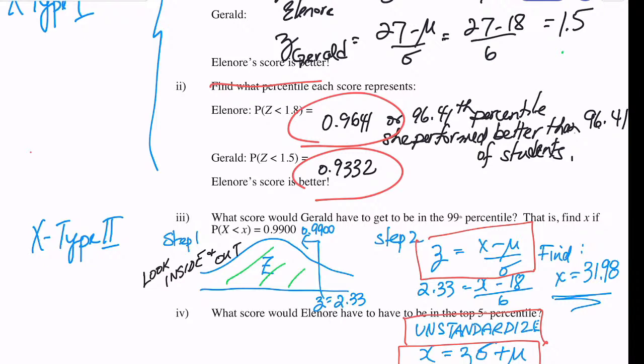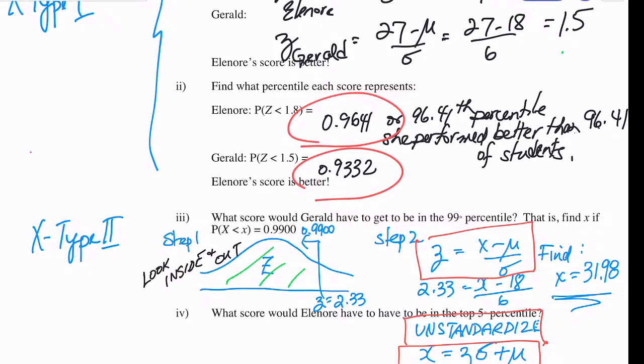And really, that's it. Those are the problems to solve. General type problems about the 68, 95, 99.7% rule, then the type of standardized normal problems, and then these problems where you have to work with a normal distribution and standardize to solve using the standard normal table, or unstandardize to determine scores or values where you see certain probabilities.